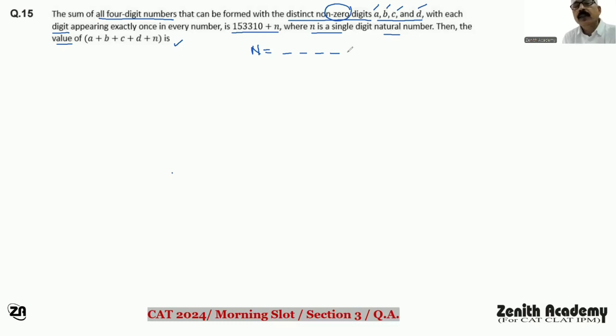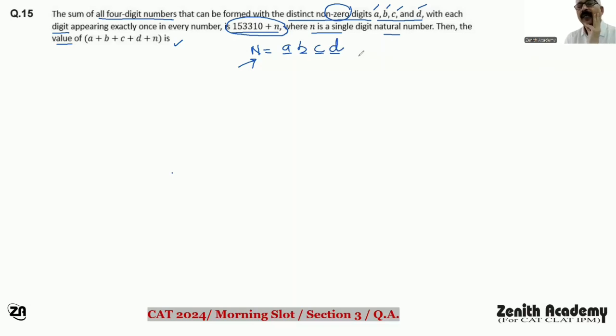So the sum of these numbers is 153310 plus n, and n is a single-digit natural number. Okay, so it's a 4-digit number using digits A, B, C, D.